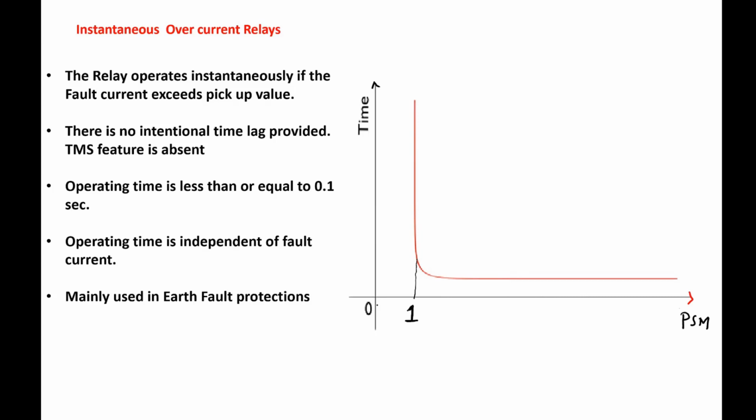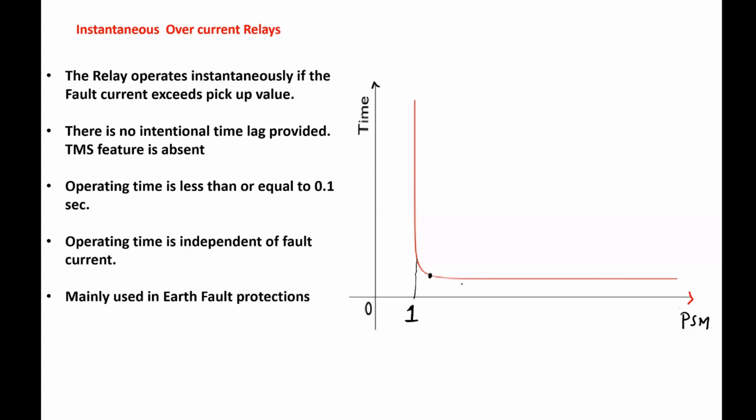When PSM equals 1, the relay is carrying the pickup current, and for pickup current it will not trip. For any current above the pickup value, it will trip. Once it crosses the pickup value, it will trip immediately, with no time lag. So the operating time is minimum for the instantaneous relay.